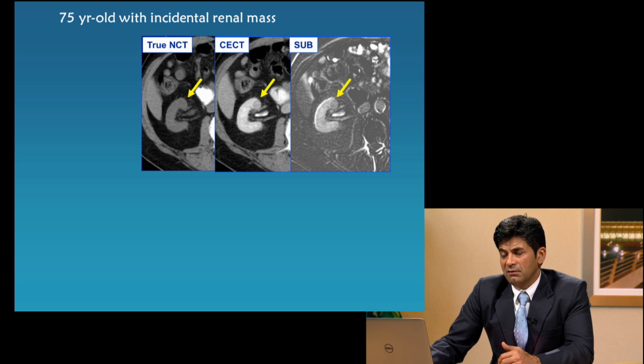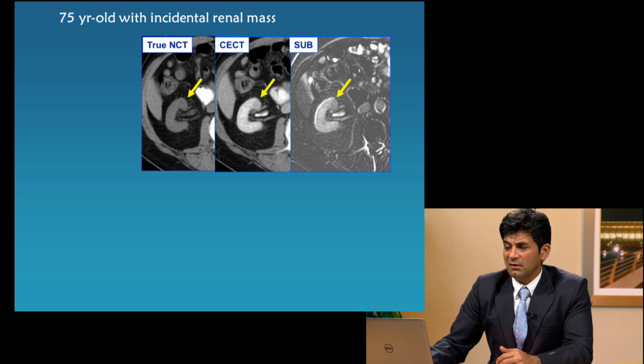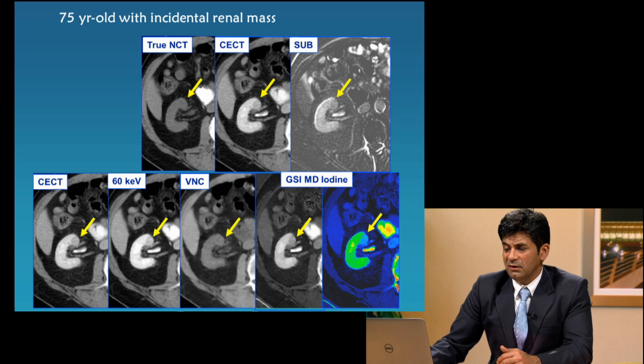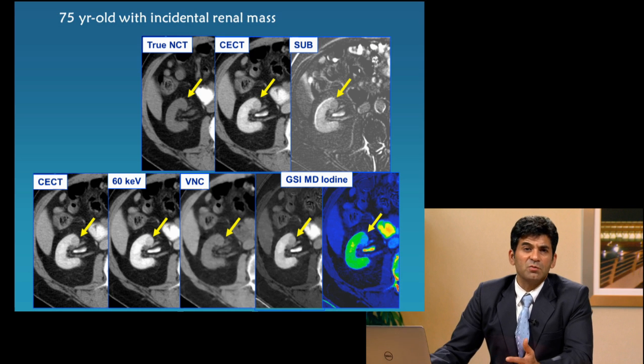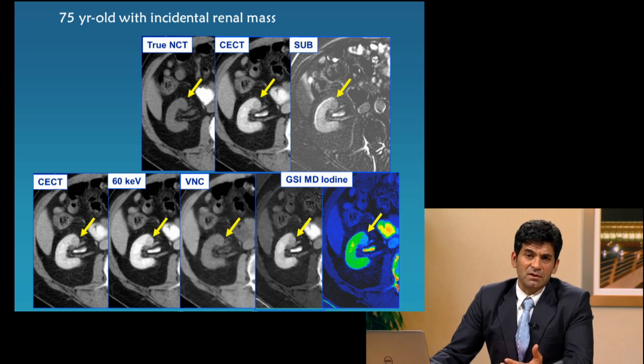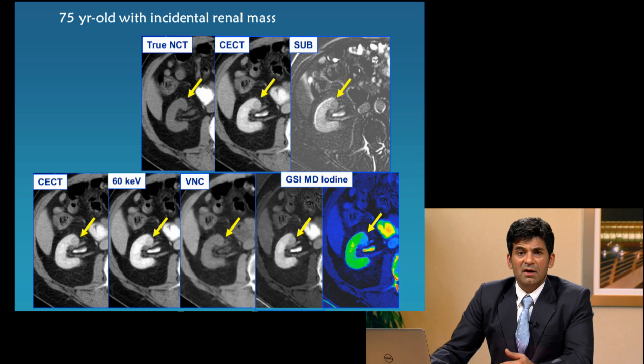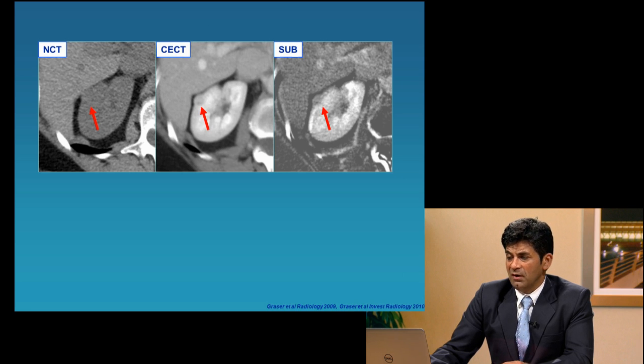And on the unenhanced and contrast-enhanced images, there is suggestion of this lesion being hyperdense, but the enhancement is unclear. On these dual energy images, on the iodine images, one can see the distribution of contrast in the lesion, so the images make you more confident of enhancement in this case, so appropriate management can be recommended based on these images.